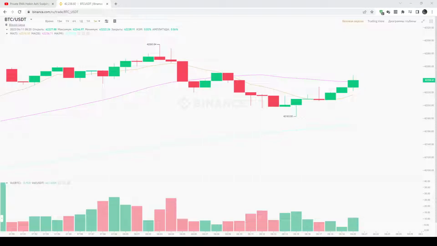Small corrections and consolidations are left behind, and they are very visible on the chart. You will notice that when the direction changes on the Heiken Ashi bars, the price most likely starts a new move. This helps to distinguish between the potential beginning and the end of the trending move.